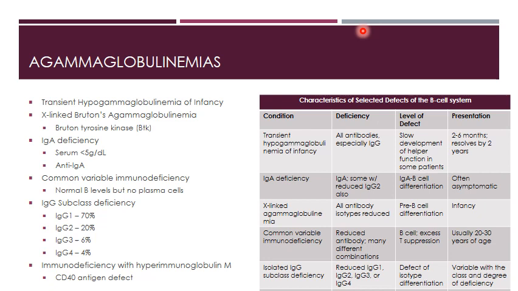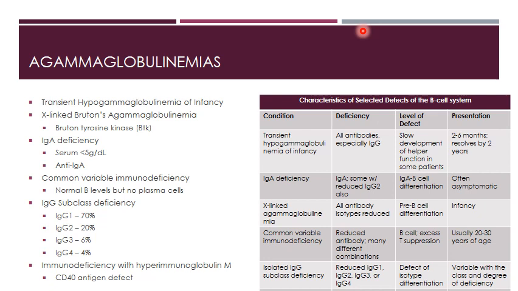Obviously IgA is not considered severe, and X-linked, they're not really considered severe. Common variable immunodeficiency is considered a severe clinical presentation.